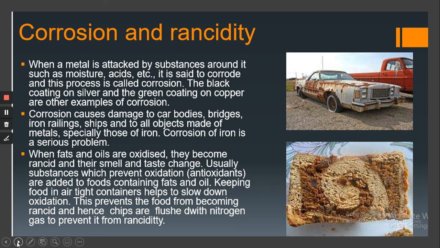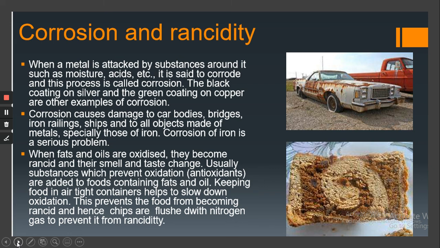Next is corrosion and rancidity. When a metal is attacked by substances around it, such as moisture, acid, as well as oxygen, it is said to corrode. And this process is called corrosion. The black coating on silver and the green coating on copper are examples of corrosion.